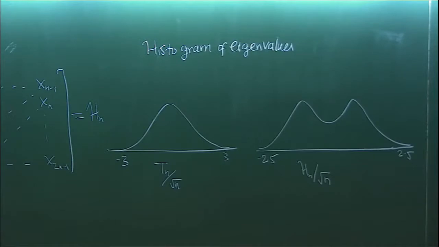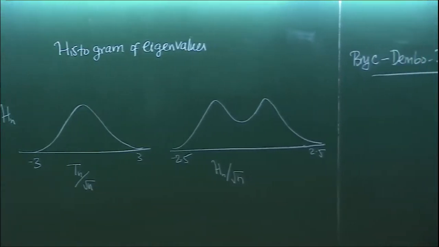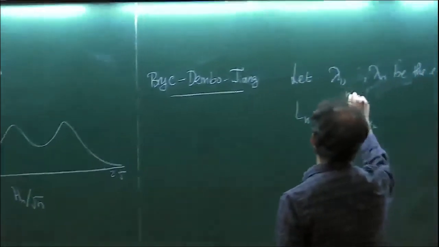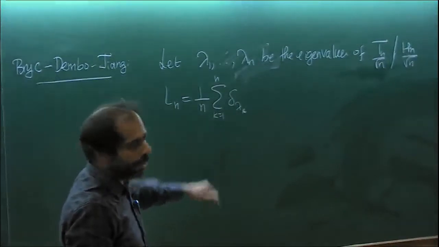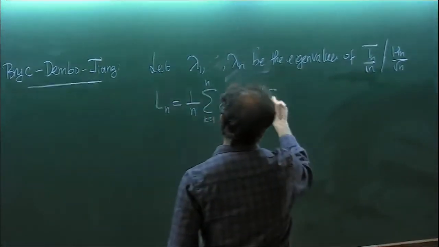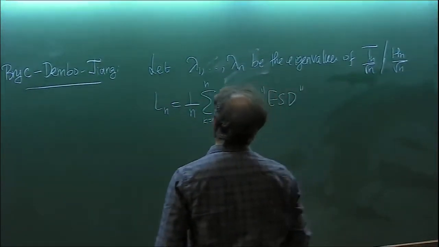Then you form the probability measure which puts mass 1 over n at each eigenvalue. That's how you look at the histogram of eigenvalues, the empirical spectral distribution, which I'll just write ESD.